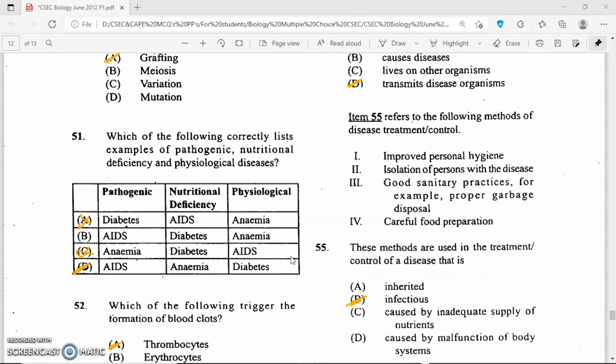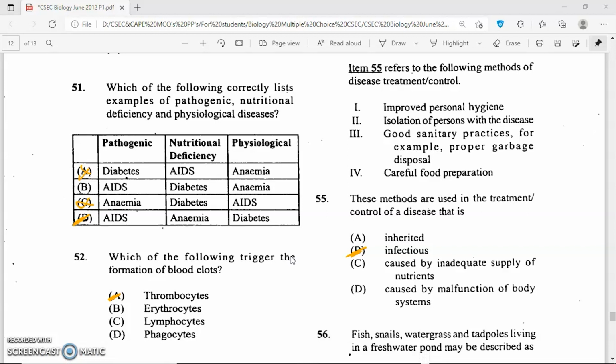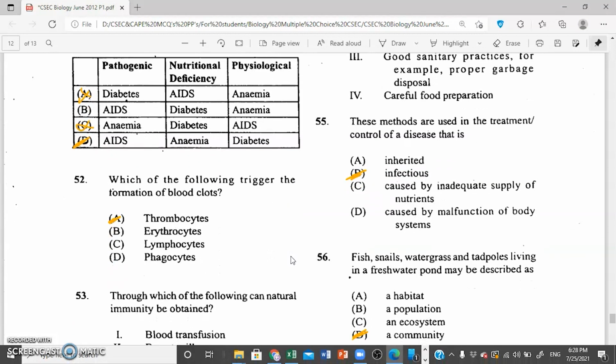So you have improved personal hygiene, isolation of persons with the disease, good sanitary practices, for example, proper garbage disposal, careful food preparation, right? So it says these methods are used in treatment and control of a disease that is infectious or pathogenic or communicable. So the answer here is B, infectious.